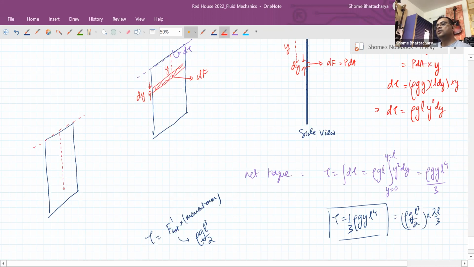So obviously it will act along this symmetry axis, which is dividing this in L by 2 and L by 2. But it will also act through a point like this over here. So this C is now the center of force, which is at a depth of 2L by 3.